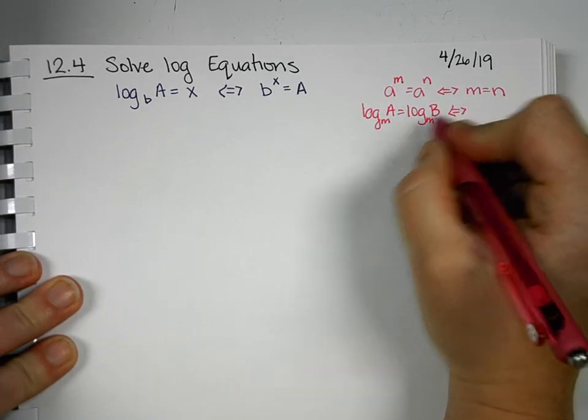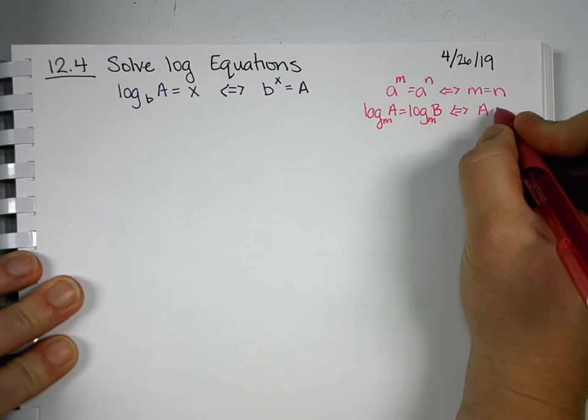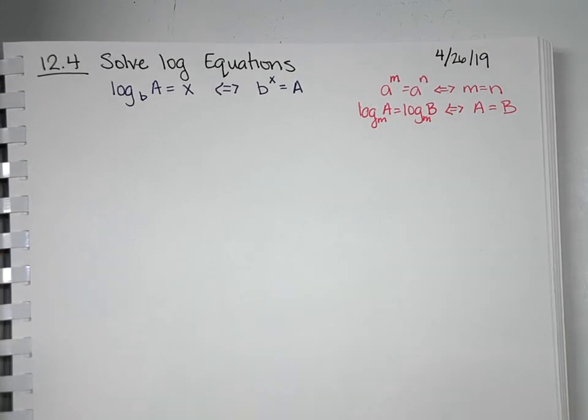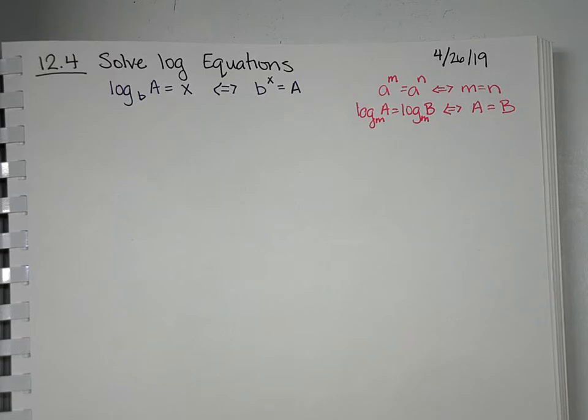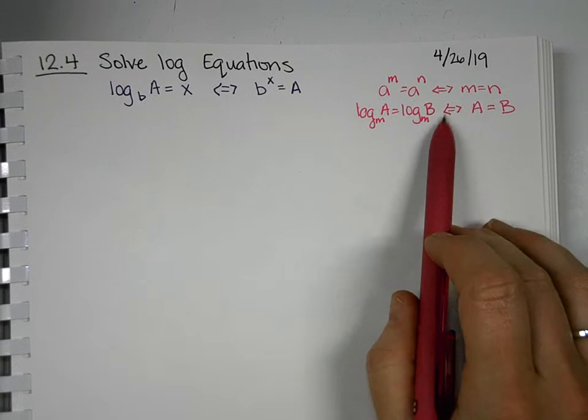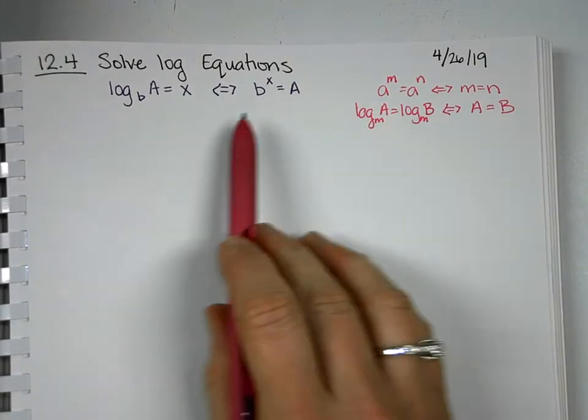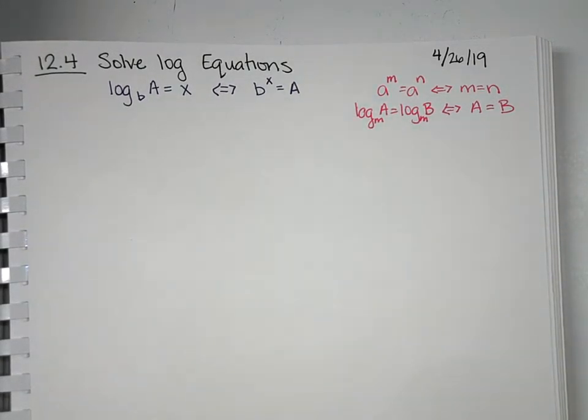If you have logs with the same base, then you can say a is equal to b. Again, something we can use to help us condense and then drop the logs so that we can solve for x in an easier way. So these are two other facts that we're going to use, as well as our definition to be able to convert back and forth when necessary.